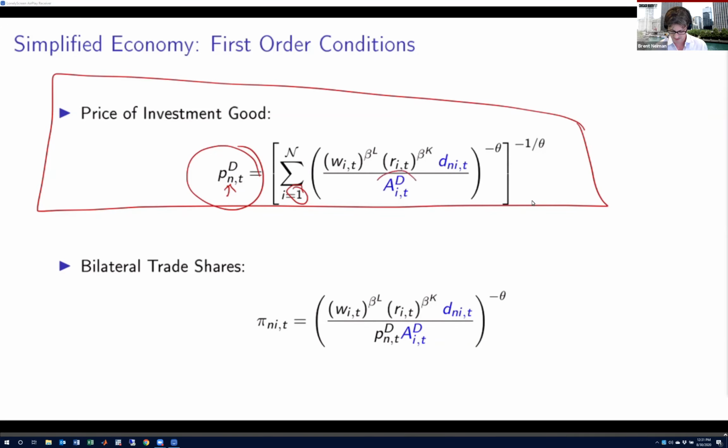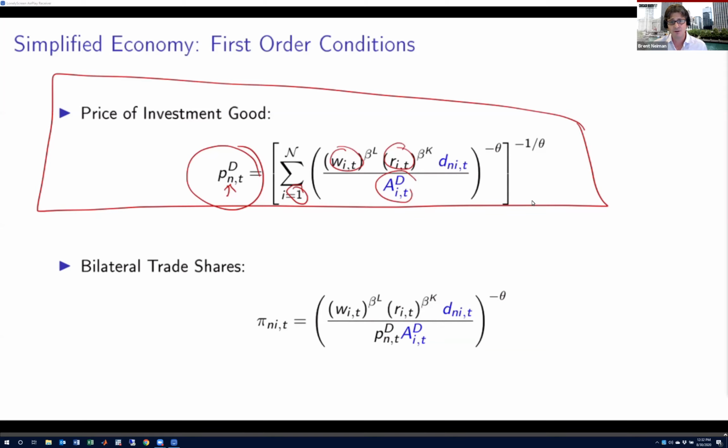You can see these things all here that are all going to matter for what happens to the price of the investment good in country N. In other words, if country N is the US, its decision to invest or consume, and again, it could be to invest or consume in a particular sector in the richer version, is going to be a function of what's going on everywhere else in the world in this particular way.